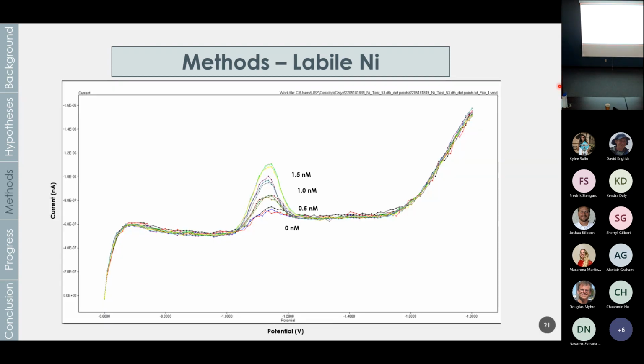So we can see the data that we get directly off of the instrument here. This is called a voltammogram, and we can see current in nanoamps on the y-axis and potential in volts on the x. And this is a series of voltammograms laid on top of one another. And what I'd like to point out is that we can see a change in peak height that corresponds to the concentration of nickel.